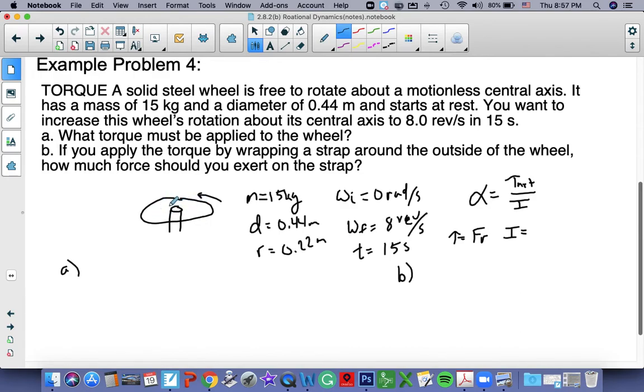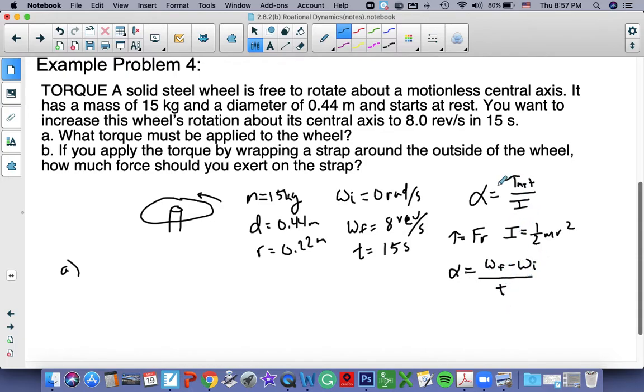Okay, so the picture in the textbook shows a solid cylinder. That is 1/2 mr squared. And then our angular acceleration, if you remember that one, that is equal to final minus initial angular velocity over time.